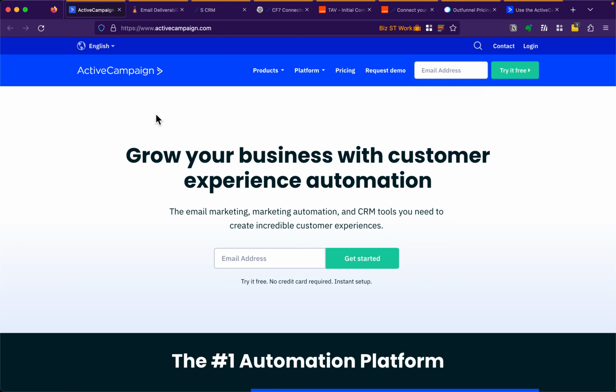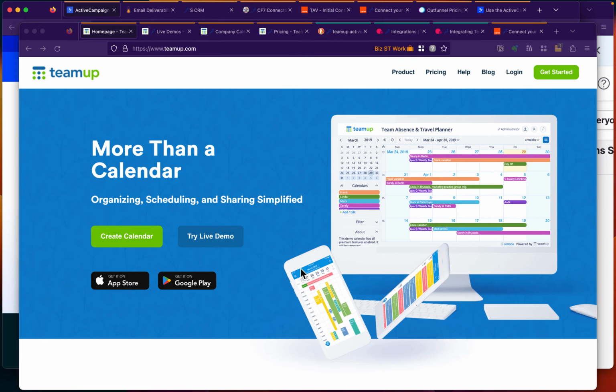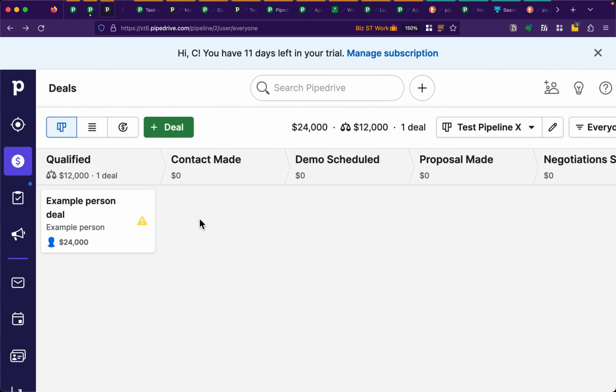So having that sync in place may be desirable. It would be pretty simple because ActiveCampaign only has the name and the email, and none of the extra notes and stuff. All the notes and stuff are happening only in Pipedrive.